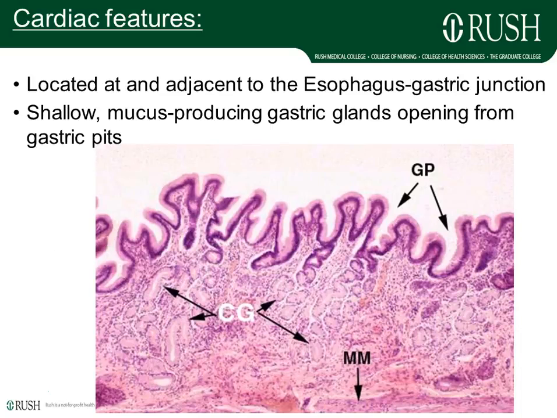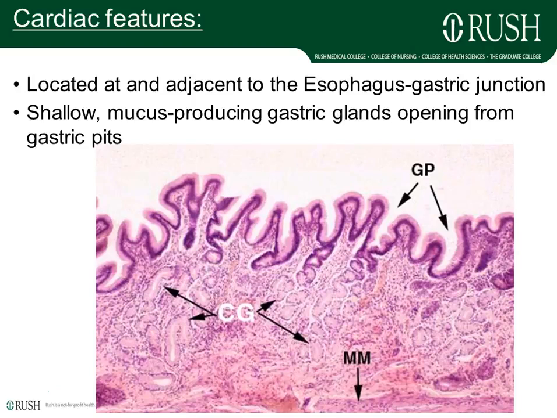So what are the features of the individual regions that I mentioned? In the cardiac region, just as when we looked at the esophageal cardiac junction, it's located at and adjacent to that junction. You have shallow mucus-producing gastric glands that open out of those gastric pits. Here you can see the arrows that are showing you the actual secretory portions of the glands embedded in the lamina propria.